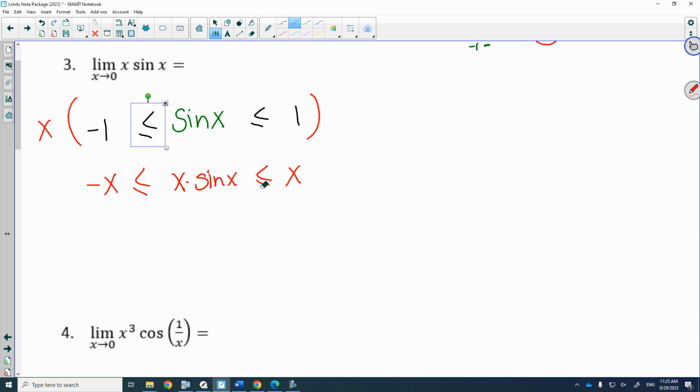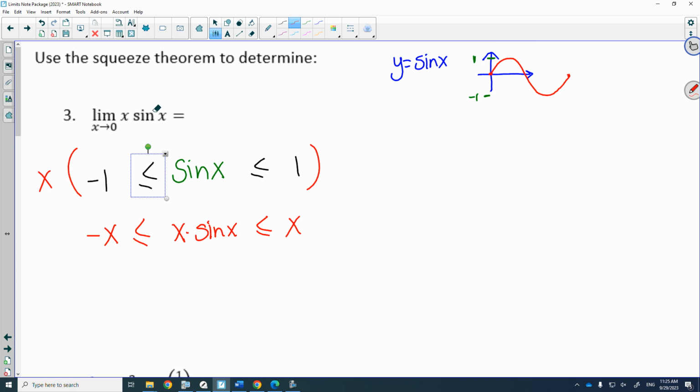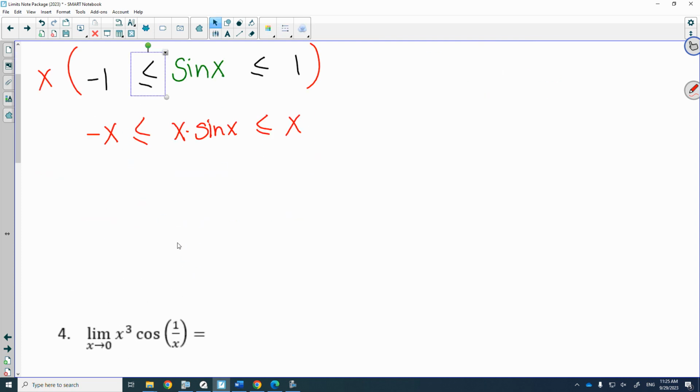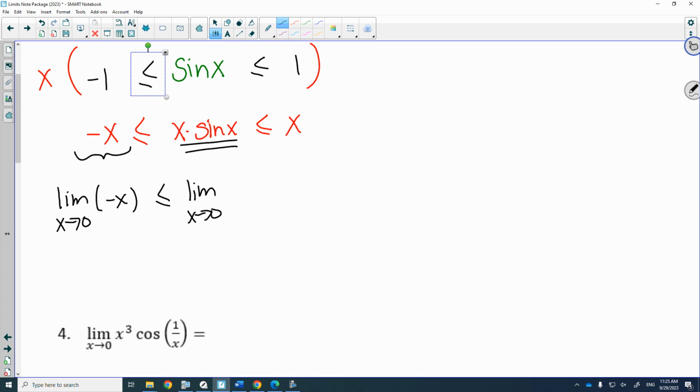Then what we do is we're going to take the limit of each expression within our inequality. So I'm looking for the limit as x approaches 0. So for this expression here, take the limit as x approaches 0 of negative x is less than or equal to the limit as x approaches 0 of x sine of x.